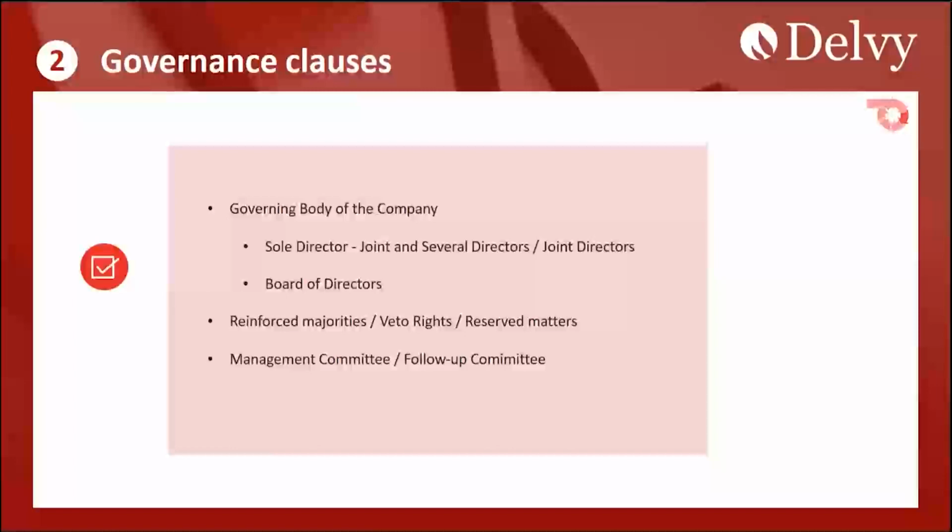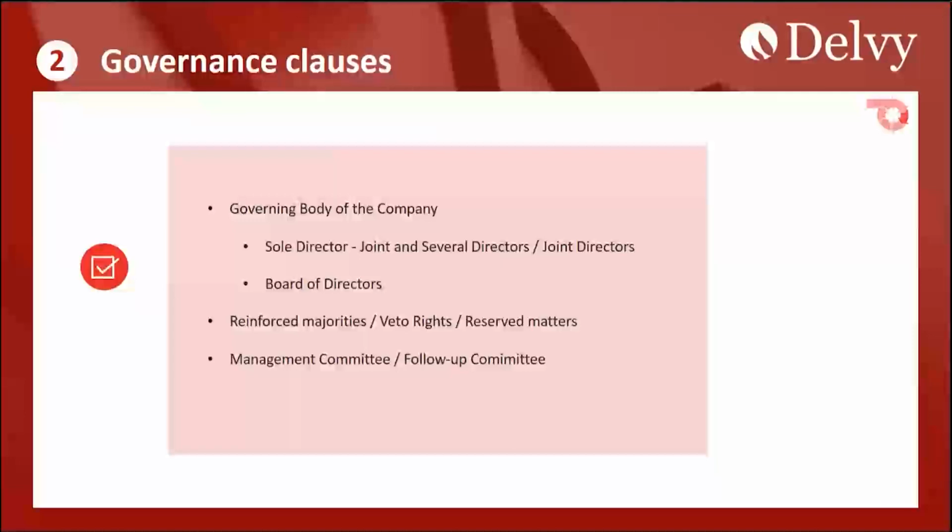governance. This is in general very standard in all countries: a company will have a board of directors. It can be a board of several people, or a board of one director, or joint directors.